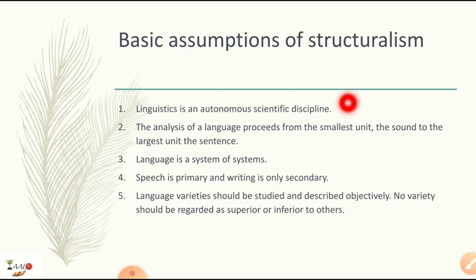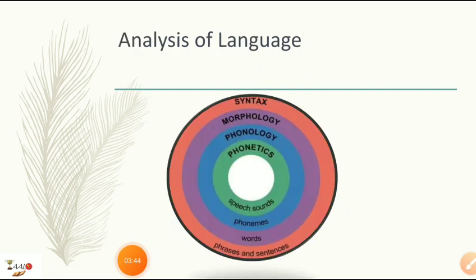Now, the second point is the analysis of a language proceeds from the smallest unit of the sound to the largest unit of sentence. Hence, analysis proceeds in order of phonology, morphology, and syntax to the neglect of semantics.